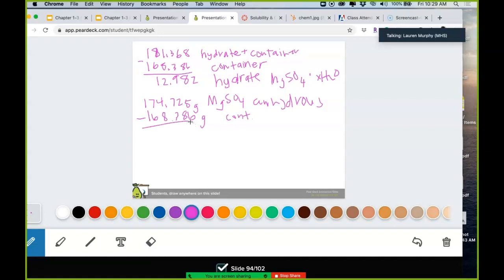You get the mass of your dry salt. So let's see. If I remember correctly, it's 6 something. 174.725 minus 168.386 is 6.339 grams magnesium sulfate. Are there questions so far?